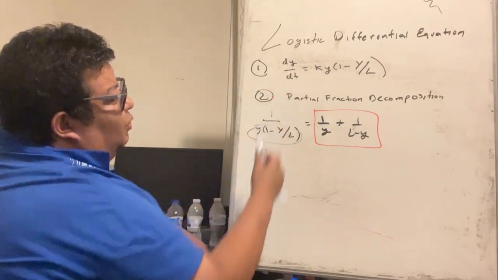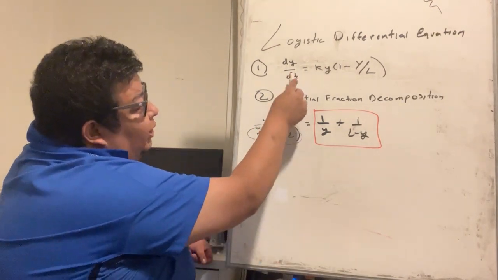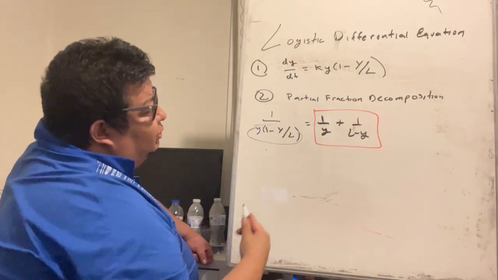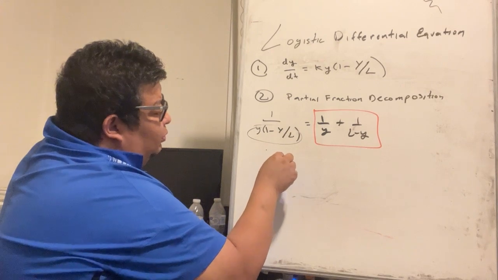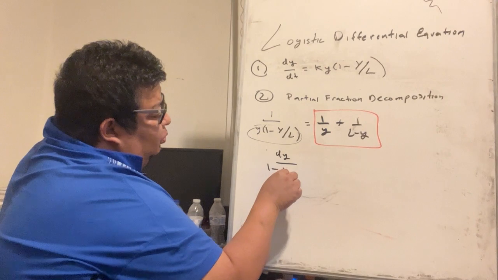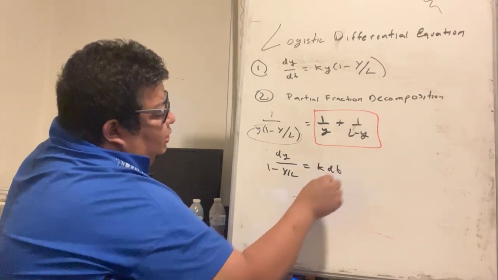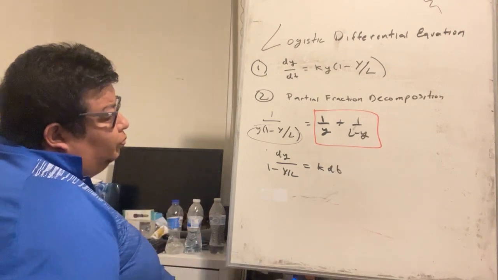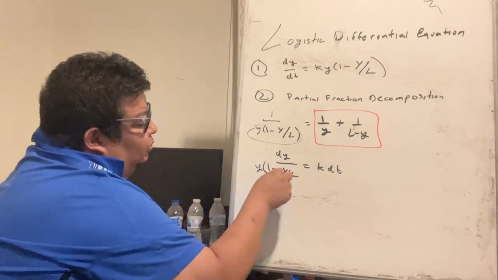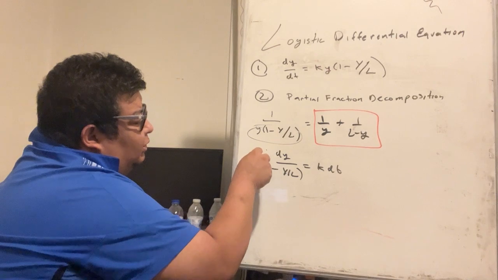Okay, so now we go back to the differential equation. What we do is we isolate the y on the left and the t on the other side. So dy over (1 minus y over L) equals k dt. Now we take the integral.